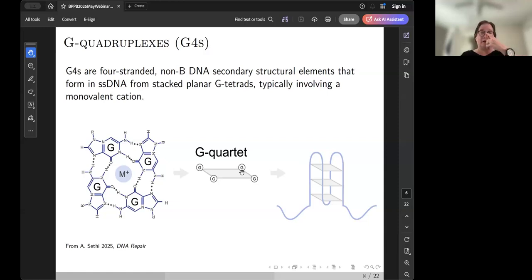And these are typically stabilized using a monovalent cation of some sort, typically potassium.